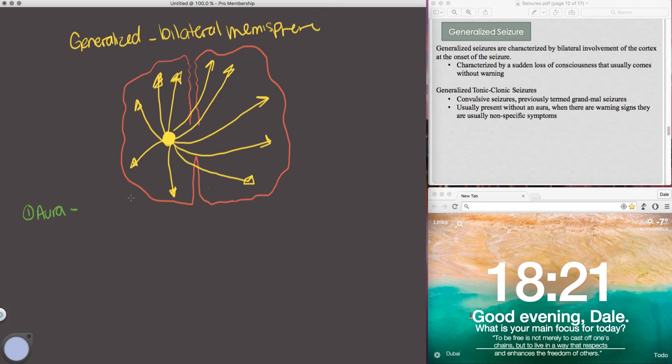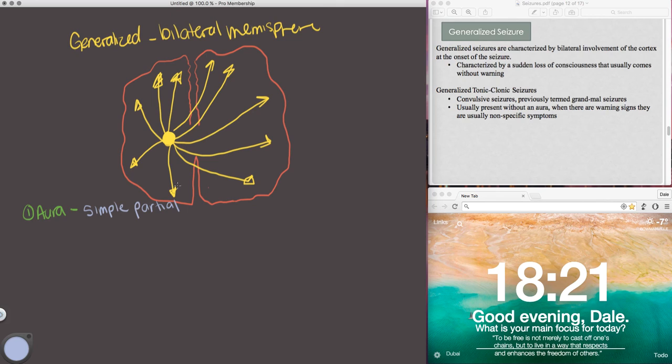When we're looking at aura, what we're looking at is a simple partial seizure. If you remember what we talked about in terms of simple partial seizure, what's happening with these patients is they're starting to have a localized discharge of neurons. Whatever area of the brain is the initiating factor, the area of the brain that's going to have that initial discharge of neurons, that's going to result in an initial simple partial seizure.